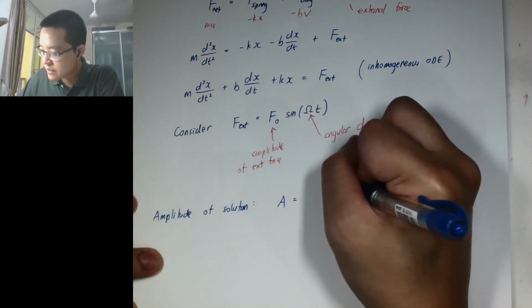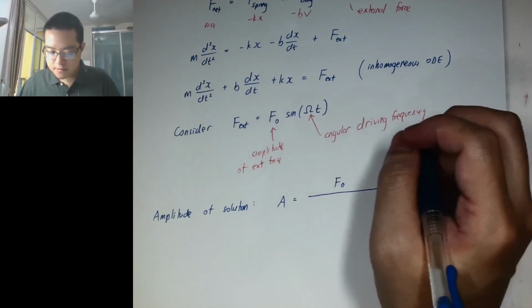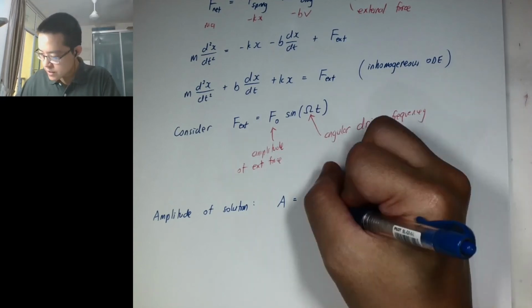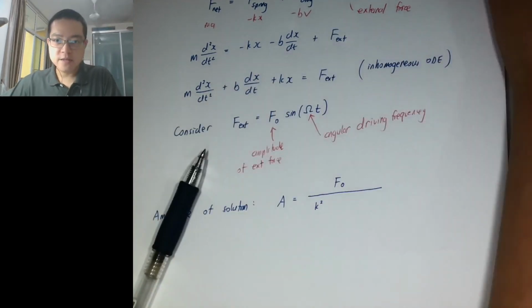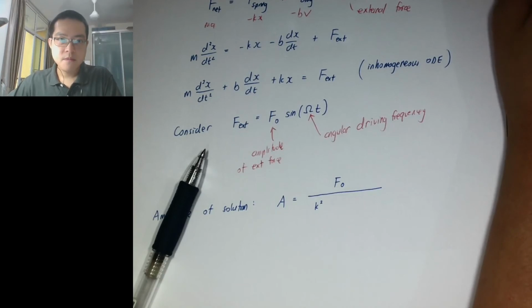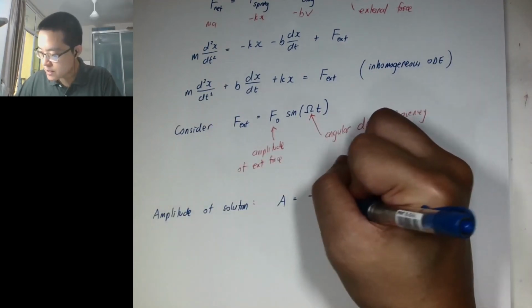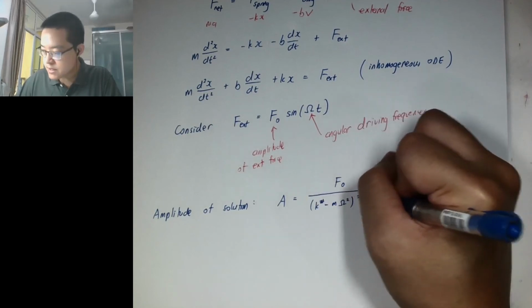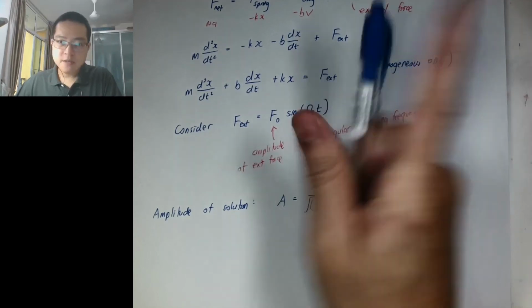It is F0 over... wait, let's look at the lecture notes because I can't find it here. So it's the square root of k minus m omega squared, the whole thing squared, plus b squared omega squared, right? So this is the amplitude of the solution.